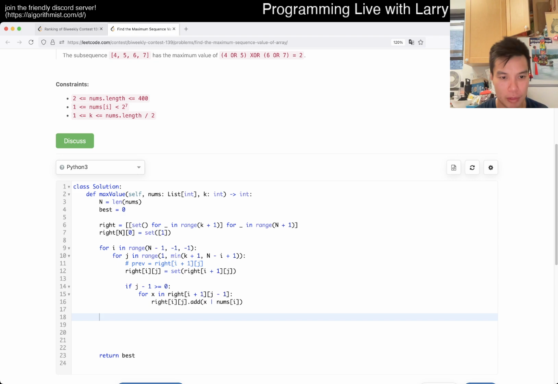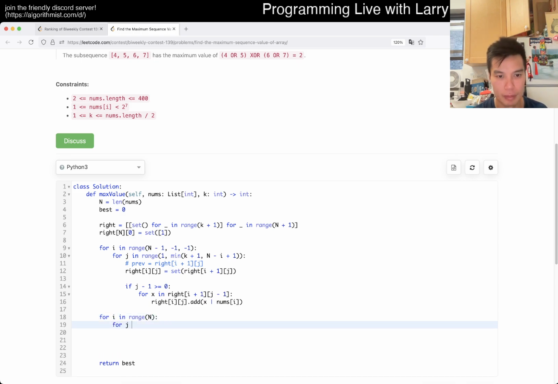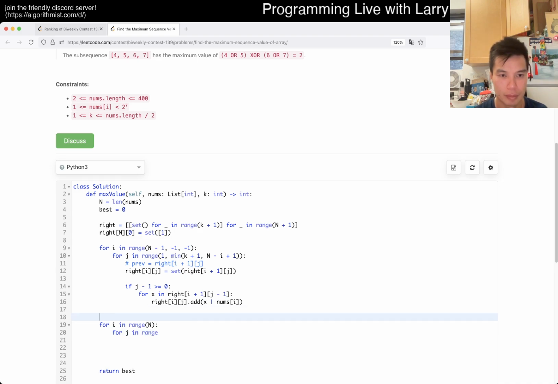Alright, and then now for the left side. Yeah, whatever. I'll just do it the same way, I guess.